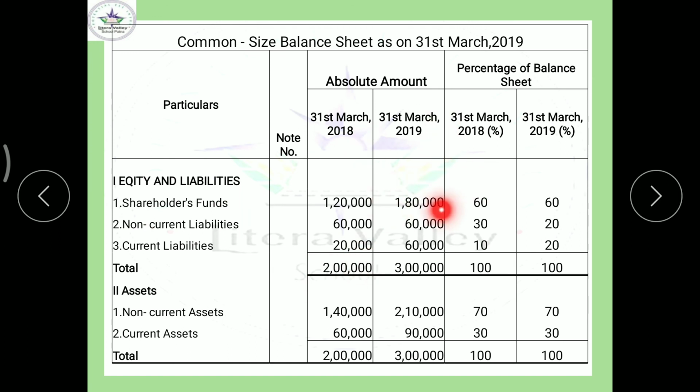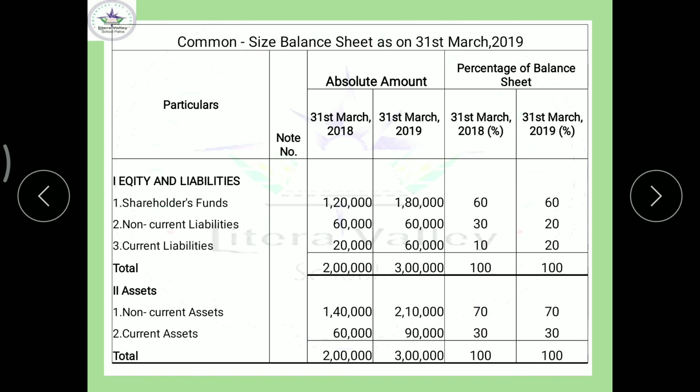Each component of the balance sheet you have to compare with the total of the balance sheet, and you have to write it here. Okay, in the same manner, each component of assets you have to compare with the total of assets, and you have to write it as a percent in the percent column. Okay, I think it is not very difficult, and very easily you can solve it.